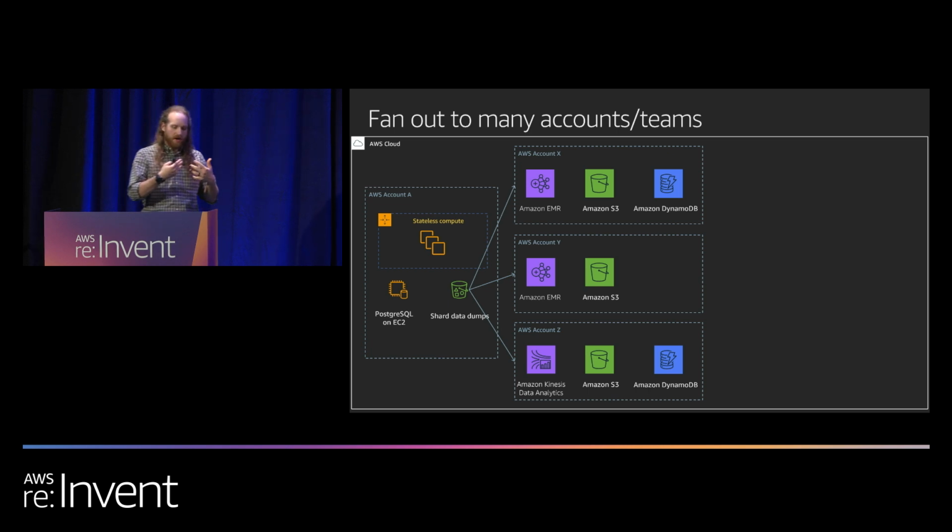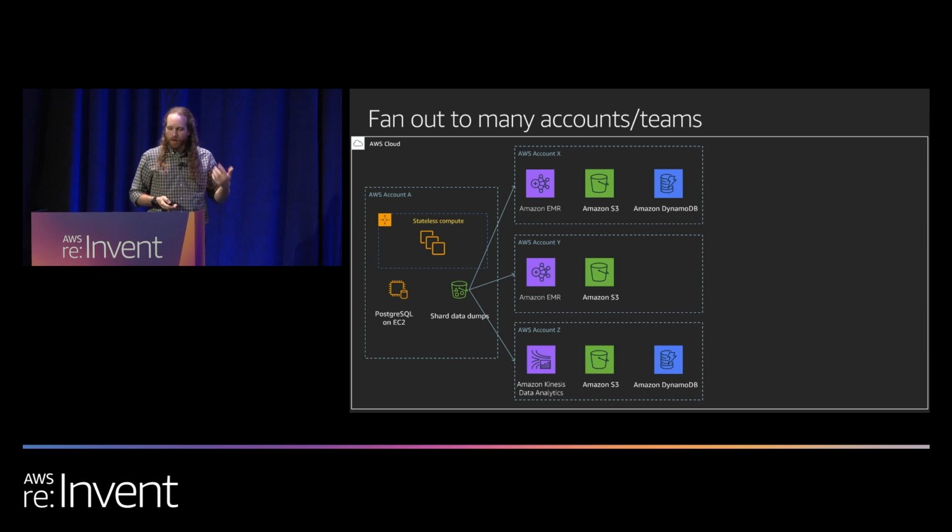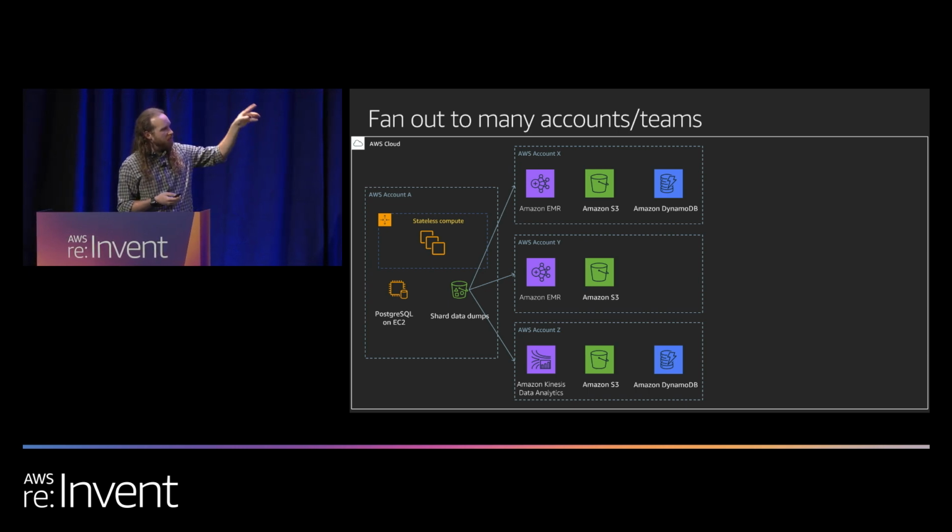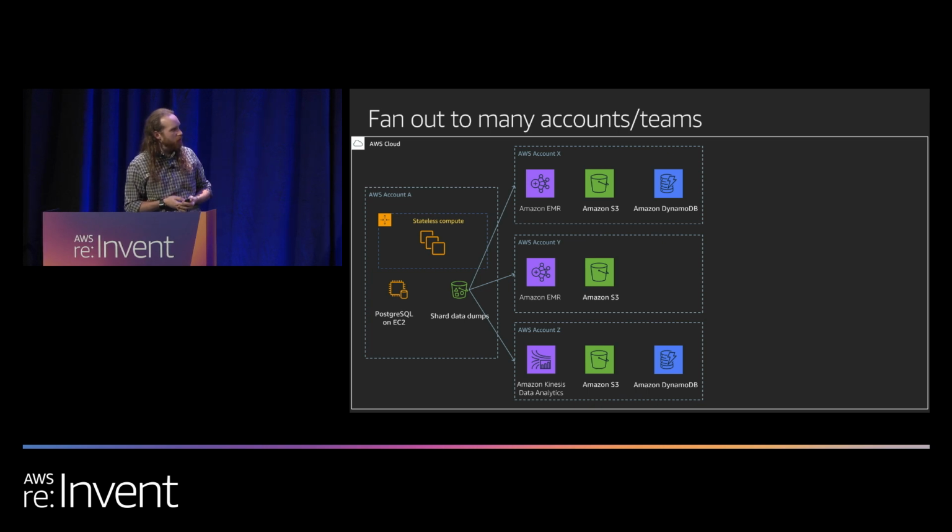What we've accomplished is a fan-out and cross-account pattern that allows us to share this data with all the services that need it. In our model, when a team first wishes to access this bucket, they're probably doing so from their own AWS account. That is not the same account where the bucket is located.